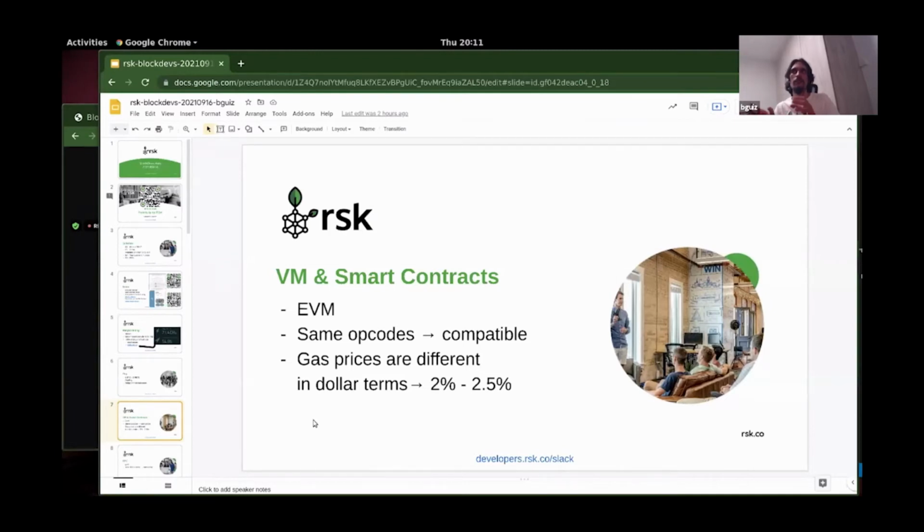There are some differences, but the main one is that the way gas prices are calculated is different, and the price per opcode is different as well. If you don't care so much about the nitty-gritty of how the gas prices are calculated, and you just care about the big picture, if you convert your gas fee into dollar terms, you're looking at roughly 2% to 2.5% of what you see in Ethereum.